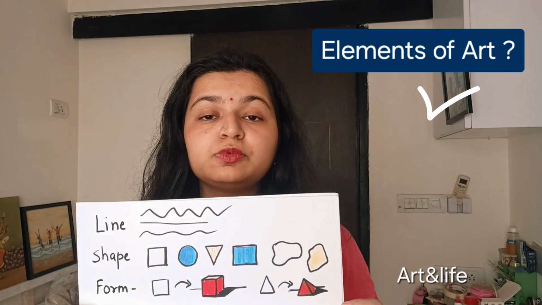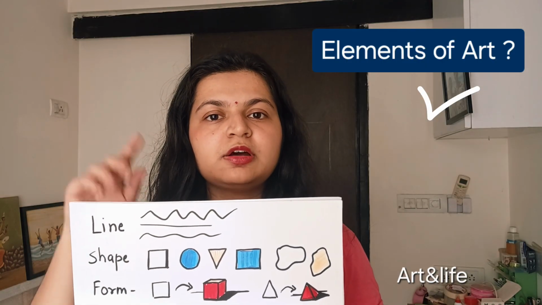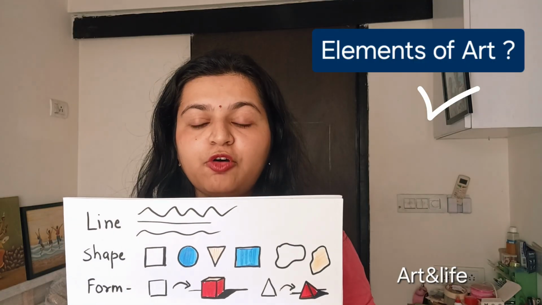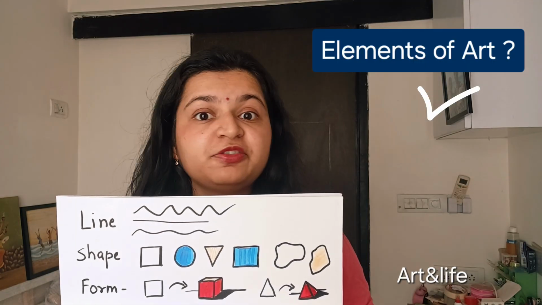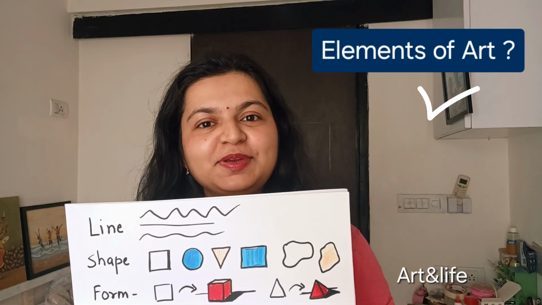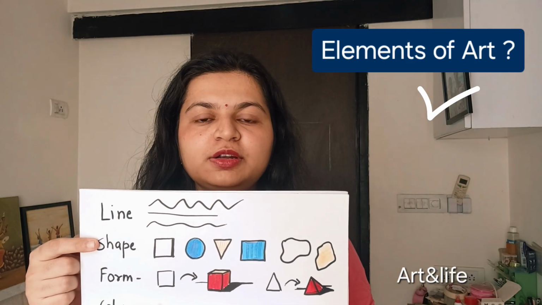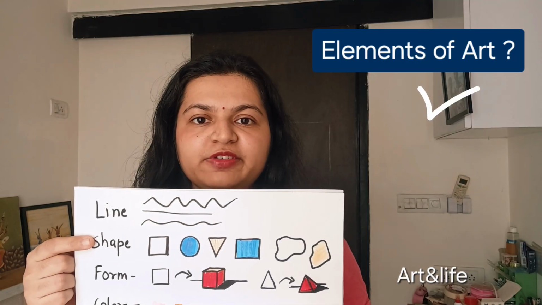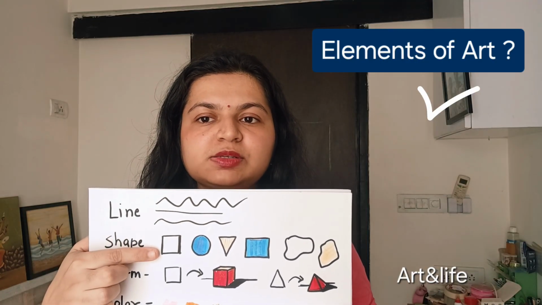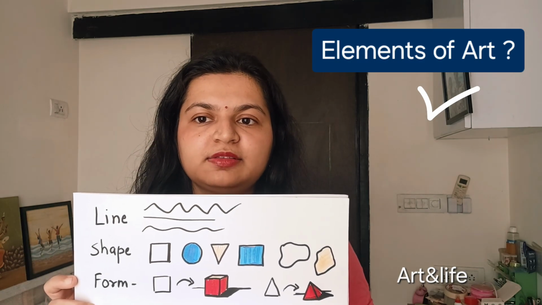Now moving on to the third one, which is form. Now here comes the confusion. A form is a shape, but a shape cannot be a form, it's confusing, right? So let me tell you that a shape is something which we draw on a 2D surface, having only 2 dimensions. If I am drawing this square on this paper with a pen, it has only length and breadth.